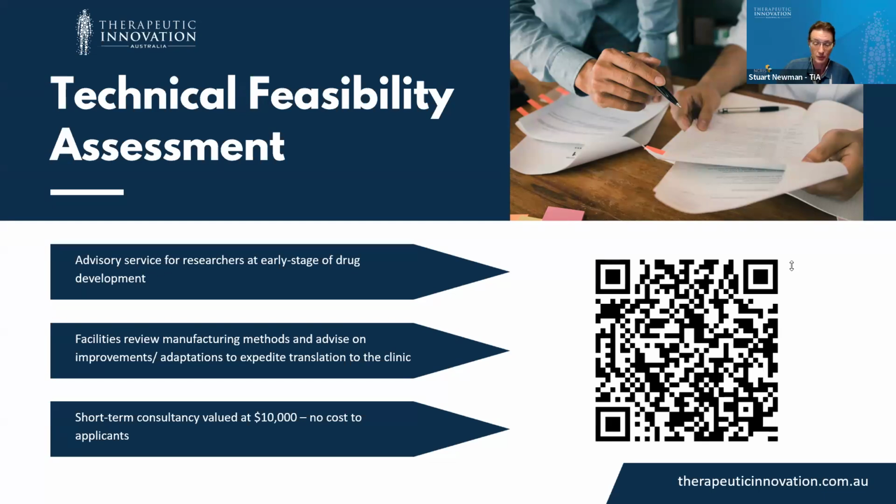That is also available. It's a consultancy valued at $10,000. How that works is we give the money to the facility and they give the applicant $10,000 worth of a consultancy on manufacturing methods. So that is something that's also available. Happy to discuss that individually if you wish.